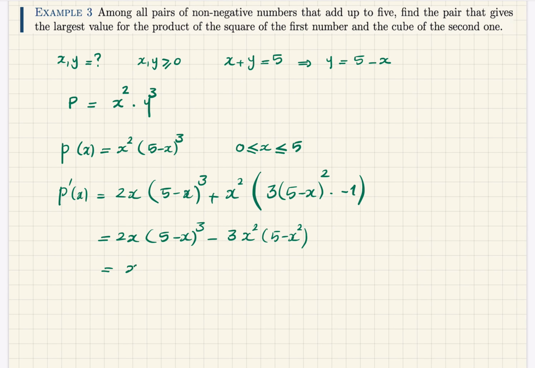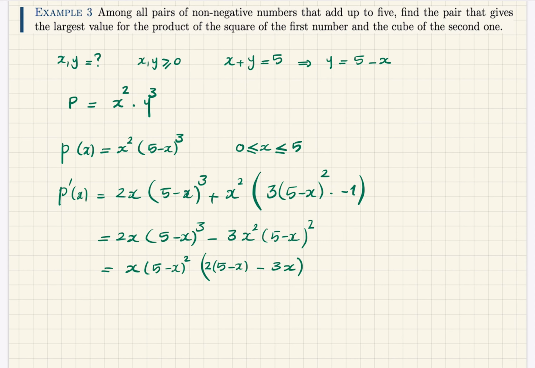I can pull an x, sorry, this 2 shouldn't be here. This 2 is outside the brackets. I take (5 minus x) to the power 2 out, so from the first term, only 5 minus x and a 2 are left. And for the next one, a 3 and 1x are left.